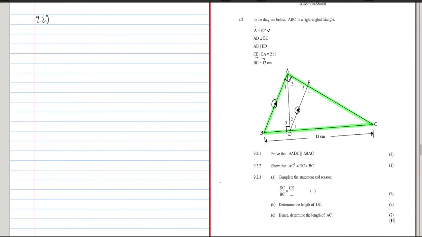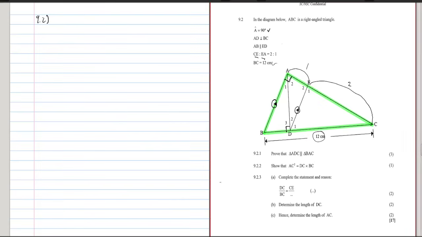Let's mark that down, CE to EA. We have a ratio of 2 and 1. Perfect.